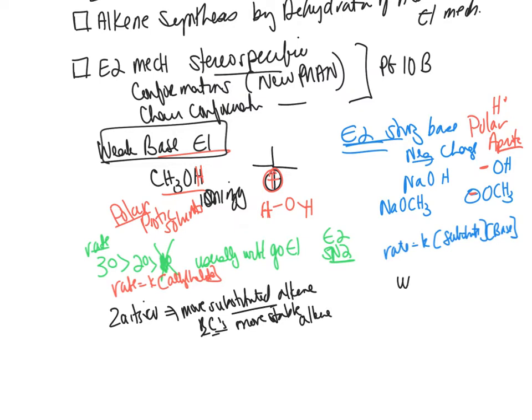E2 is usually Zaitsev. Okay, so it usually goes Zaitsev. There are going to be some conditions when it doesn't, and you will see that. And that's what we're going to talk about in PG10B.